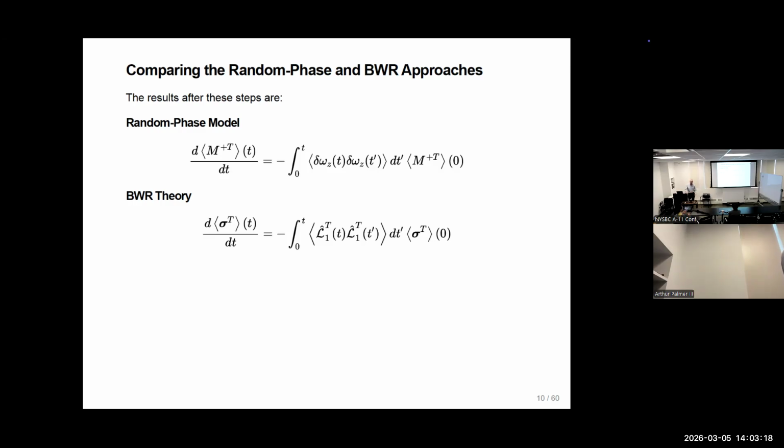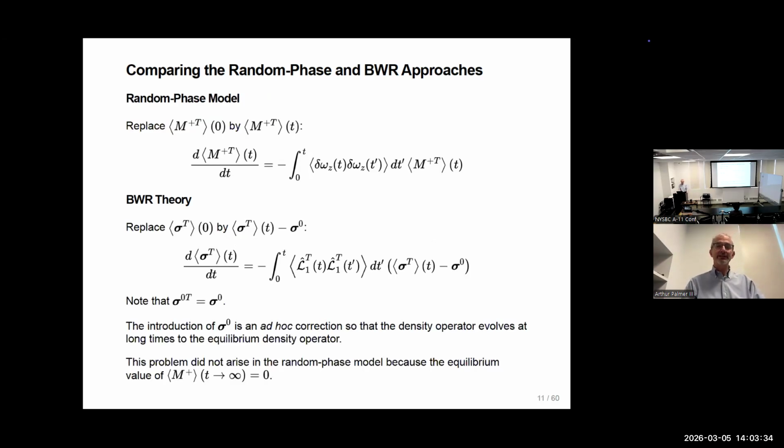That'll again be fine for rotational diffusion, whether it's fine for chemical exchange or other processes depends on the time scale. And if that's not a good assumption, then we need a new theory. But in the fast limit, we're only interested in times long compared to correlation time. So here we replace 0 by t.